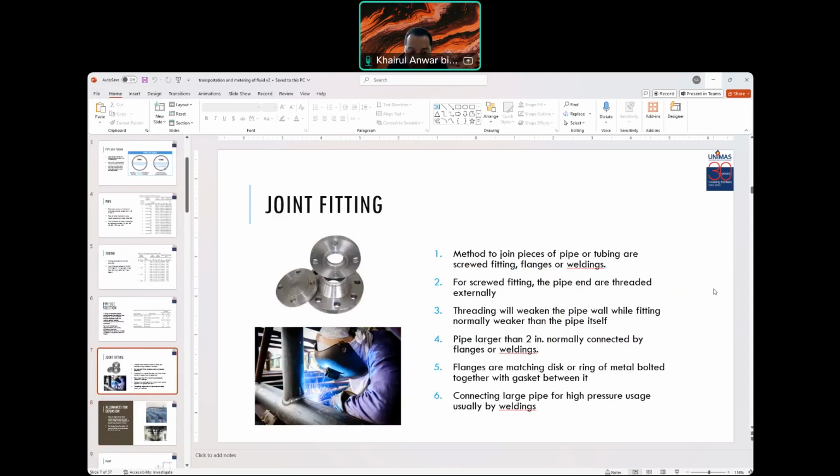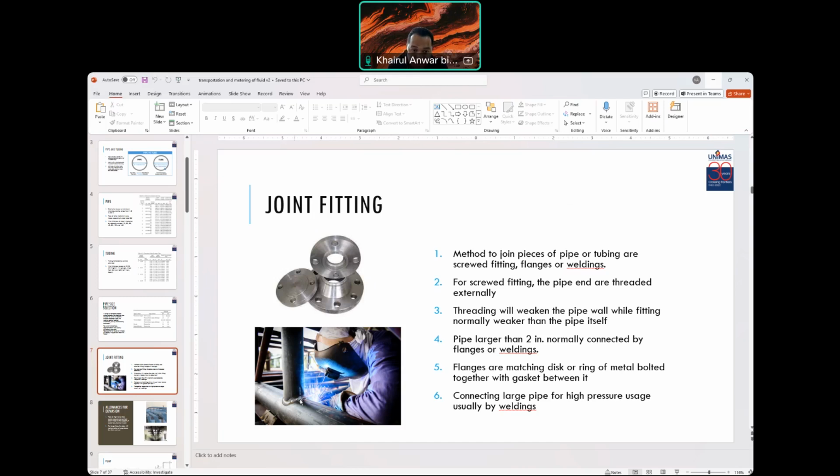We have joint fitting methods to join pieces of pipe or tubing. For screw fitting, the pipe ends are threaded externally. The threading will weaken the pipe wall, while the fitting is normally weaker than the pipe itself. A pipe larger than 2 inches is normally connected by a flange or welding, like this.